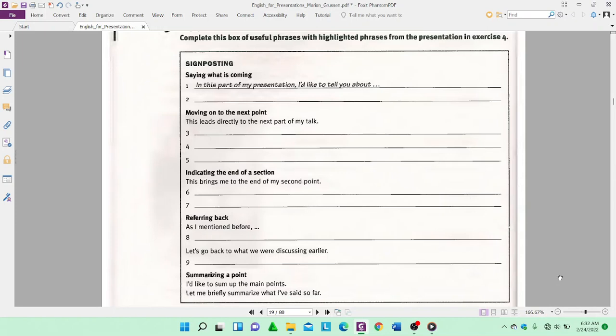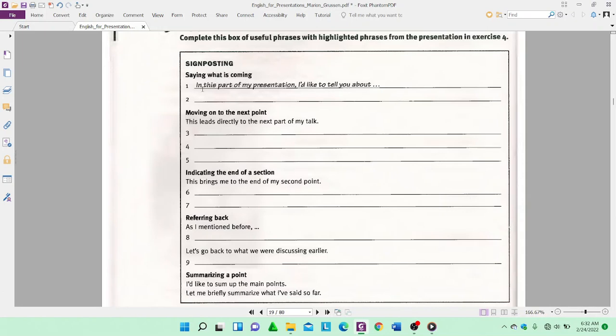In doing signposting, there are, let's say, five stages or five things to do. The first one is saying what is coming, right?